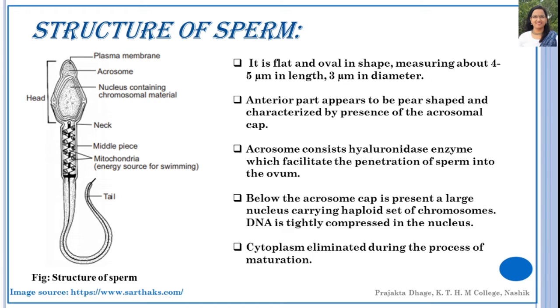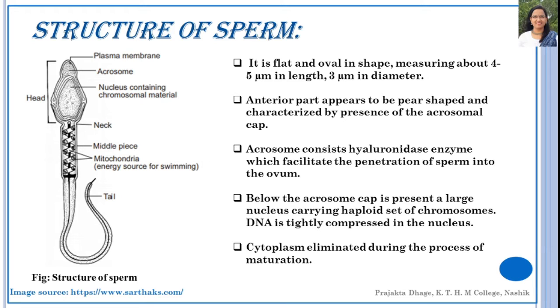The DNA in the nucleus is very tightly bound DNA, a highly compressed nucleus is seen over here. Now as we all know, the histones are replaced by protamines. In this entire head portion, or below the middle piece portion, you will not see the cytoplasm. Why? Because most of the cytoplasm is eliminated or removed at the time of spermiogenesis.